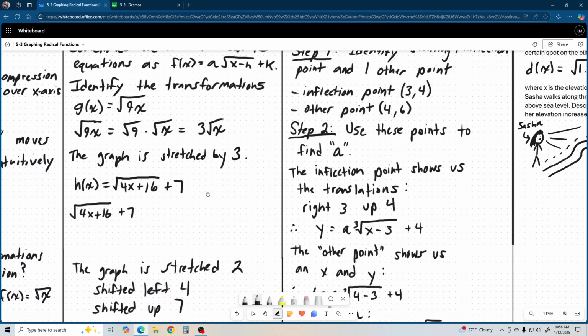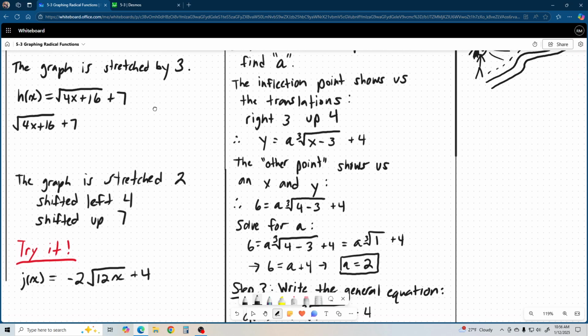So let's try to do one together here, okay? So we have h of x equals the square root of 4x plus 16, plus 7. All right, so let's go ahead and jump into this. So the first thing I'm seeing is that the 4x would work, right? But essentially what this is saying is that we have the value of 4 times x, and then we're adding 16 to that.